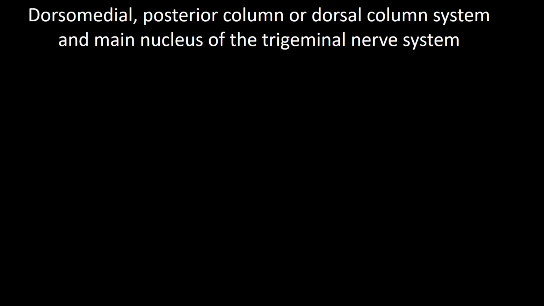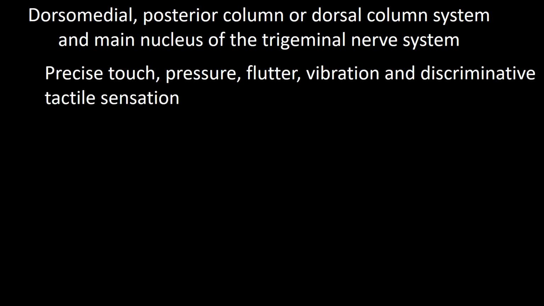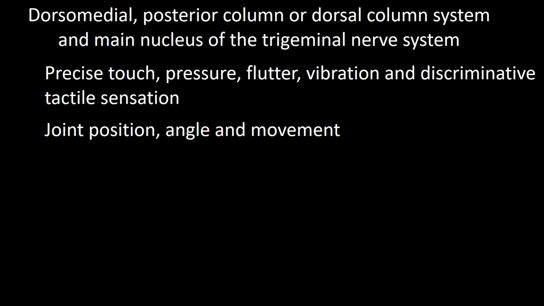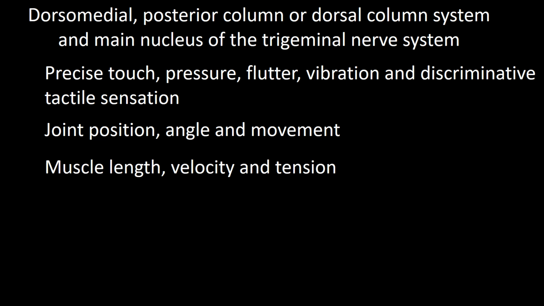Group 2, the dorsomedial posterior column or dorsal column system, and main nucleus of the trigeminal nerve system deal with precise touch, pressure, flutter, vibration, and discriminative tactile sensations. Joint position, angle, and movement, and muscle length, velocity, and tension.